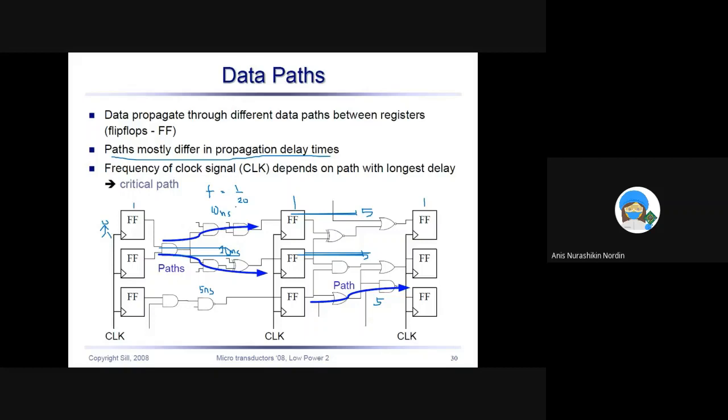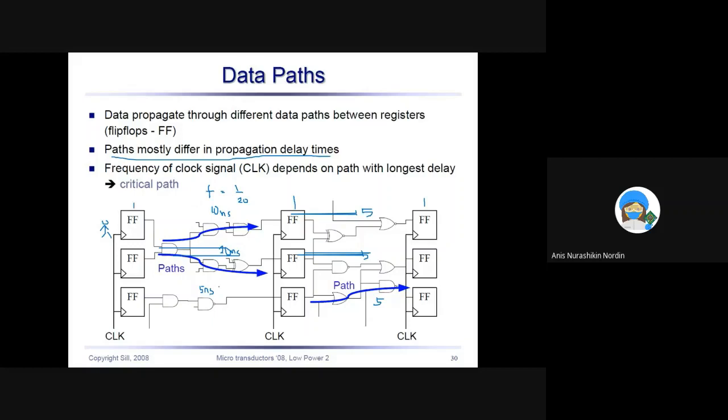Okay, so the others will have higher speed. This is 0.1 gigahertz, right? This is 0.2 gigahertz. 1 over 5? Yeah, 0.2 gigahertz and so forth. So the frequency of the clock will follow the longest delay path.